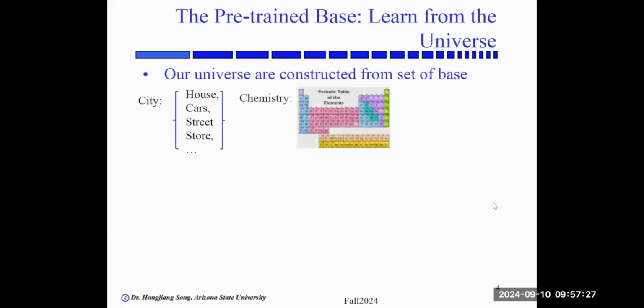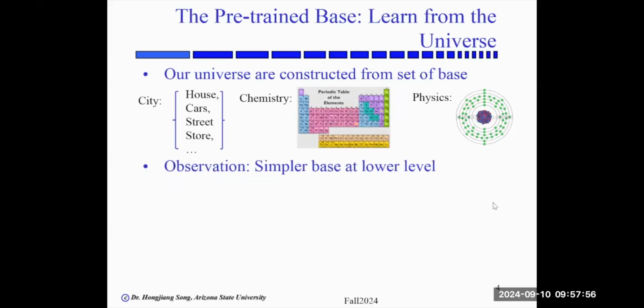If you look at the chemistry level of our world, we can say the periodic table is what is used to construct the world. Of course, when you go down to the physics level, you look at the electron and the nuclear, which are used to build the entire world.